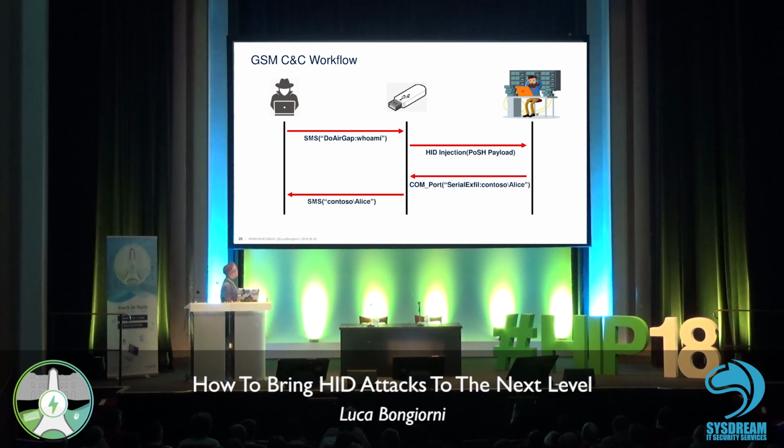WHID Elite takes the command and makes a keystroke injection into the target, in this case like the PowerShell script I showed you before with Win Injector, almost similar code, with the whoami command in it. WHID Elite waits for the answer back of the whoami output, takes the output, in this case Contoso Alice, and sends it back through SMS to the attacker, who can potentially be on the other side of the world.